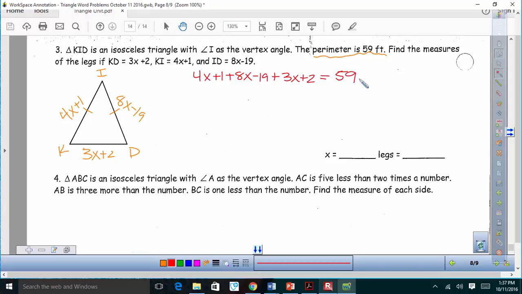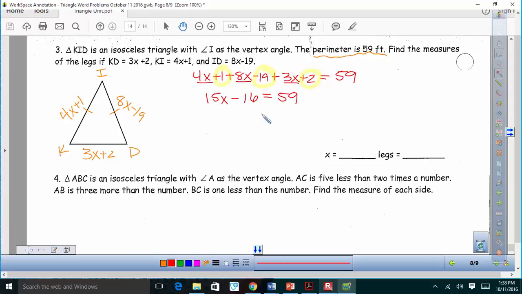So I'm going to combine my like terms, 4x, 8x, and 3x. What is 4x, 8x, and 3x? 15x. Then we have positive 1, negative 19, and positive 2. So that's a positive 3 minus 19, negative 16, equals 59.